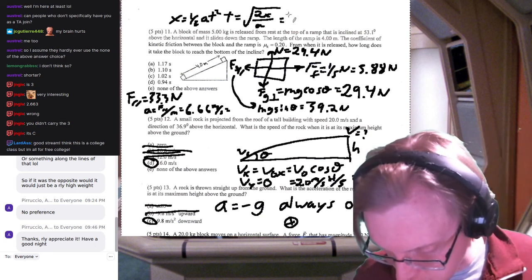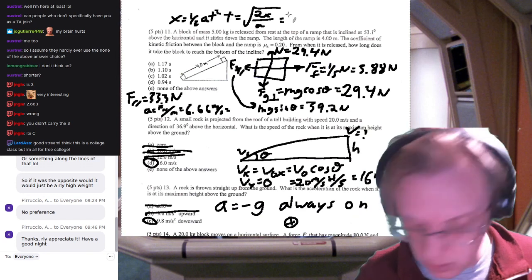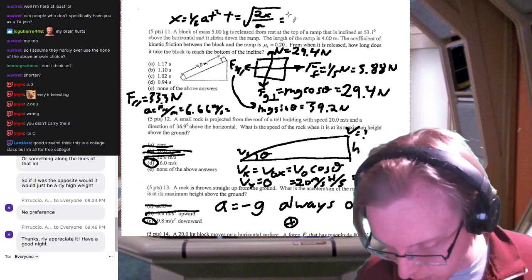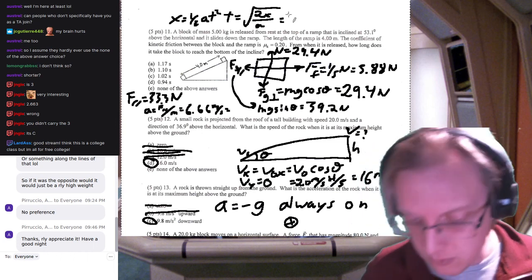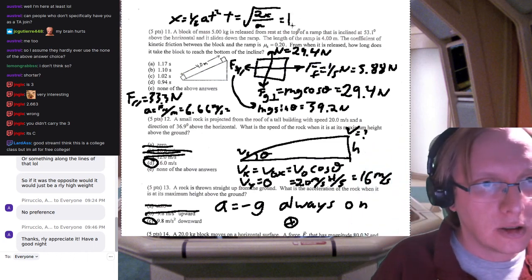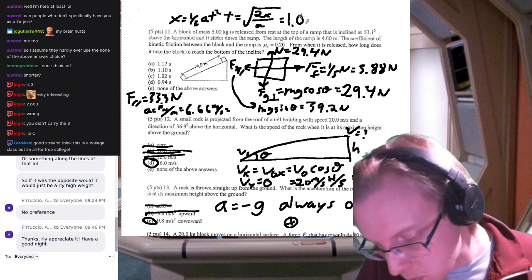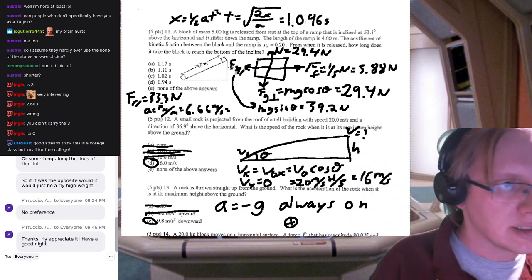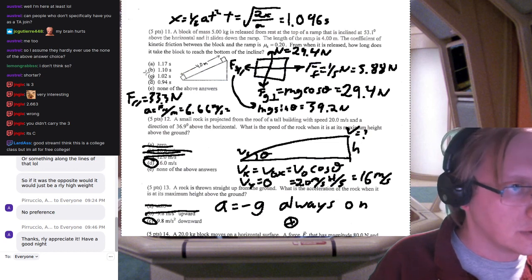Square root of 2 times 4, divided by 6.66. Answer: 1.096 seconds. Here we are. 1.10 seconds.